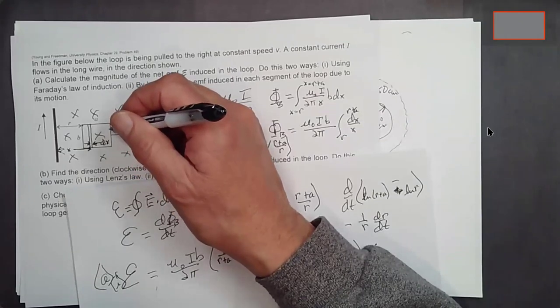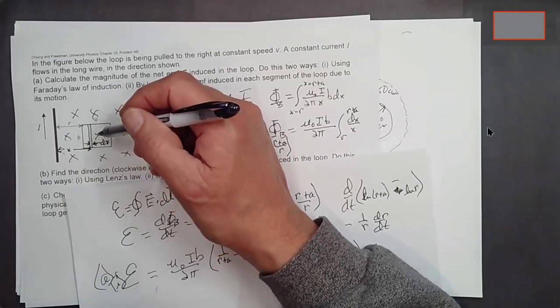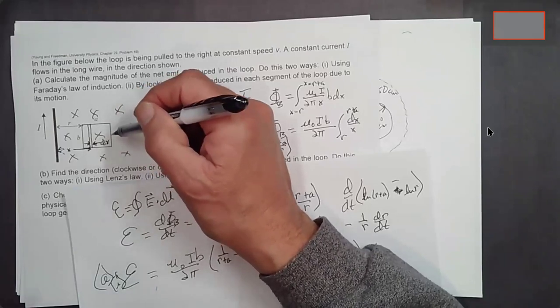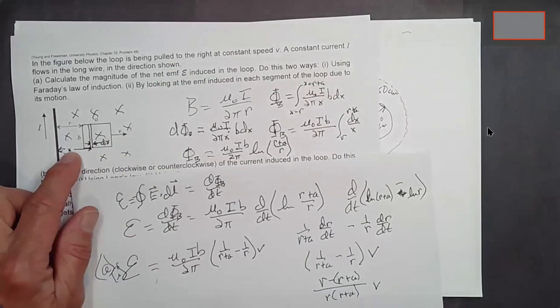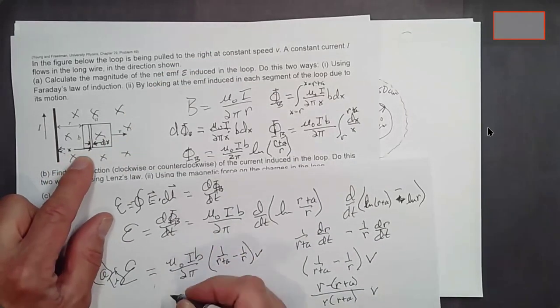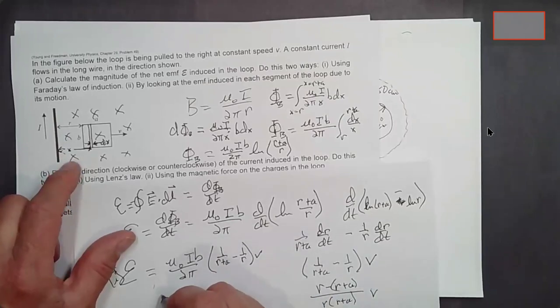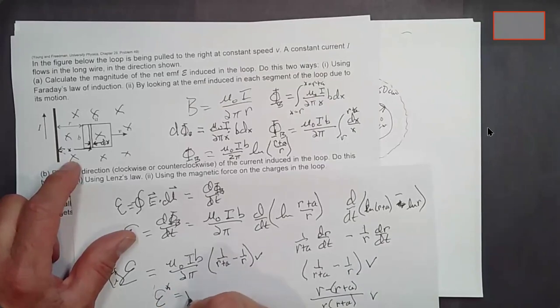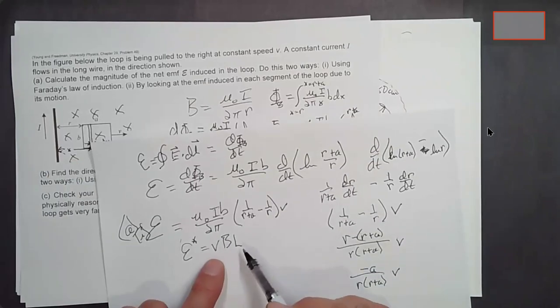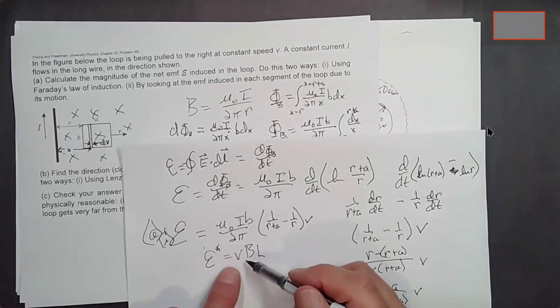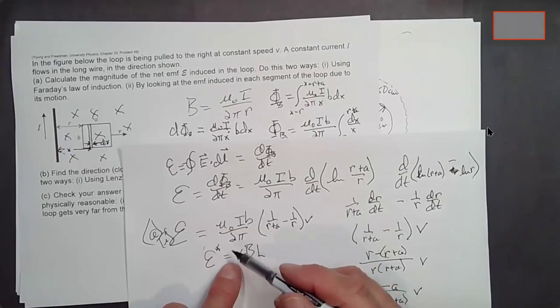Going to be in that direction. Oh, the current. Actually, they're both going to be the same, but they'll be battling each other. I will have, and I'm going to call this E star, equals v B L. And the length in this case is lowercase b. The v is just what they gave us, it's v.